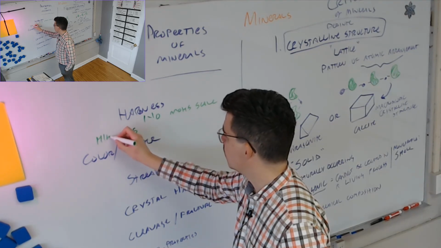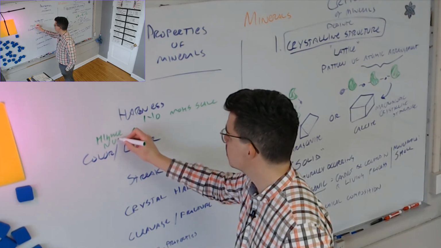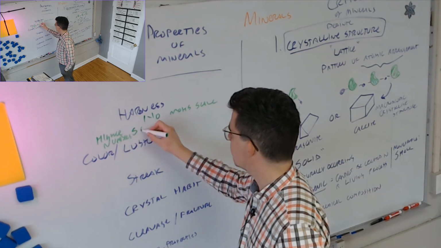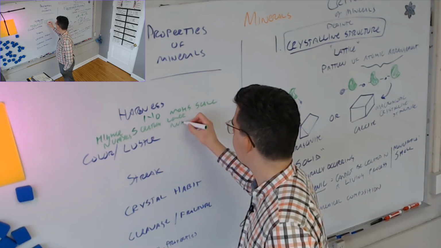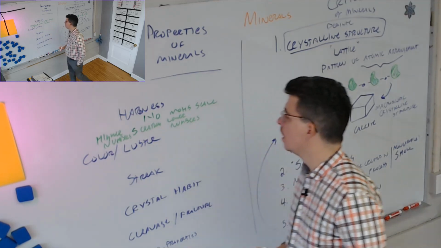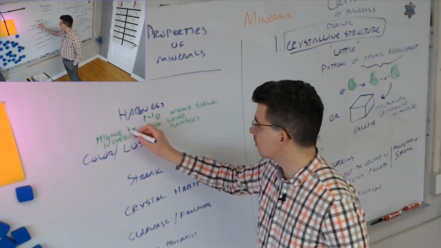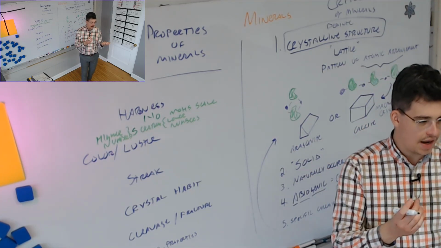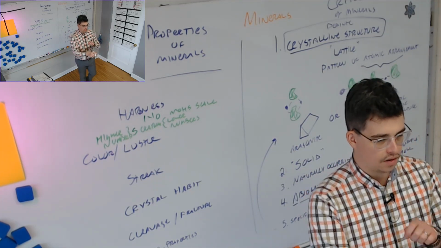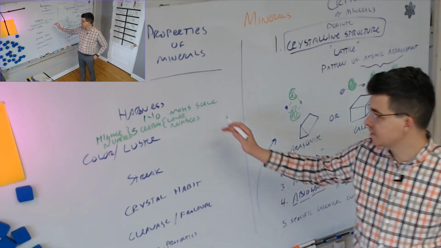Higher numbers scratch lower numbers. So if I have diamond and a piece of talc, the diamond will scratch the talc and the talc will not scratch the diamond. That's hardness.